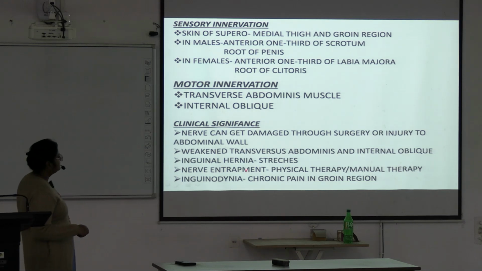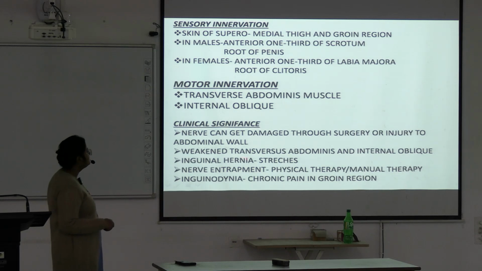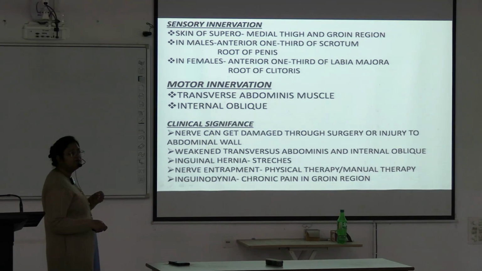Inguinal hernia leads to stretching of this nerve and a compression effect over this nerve. In nerve entrapment, physical therapy and manual therapy are given. Inguinodynia: if this nerve is involved, there will be chronic pain in the groin region. Next.